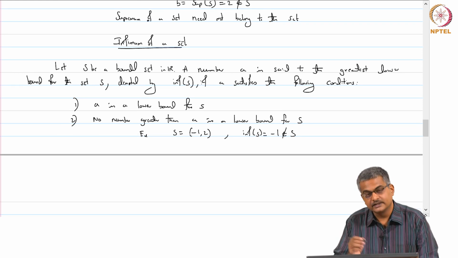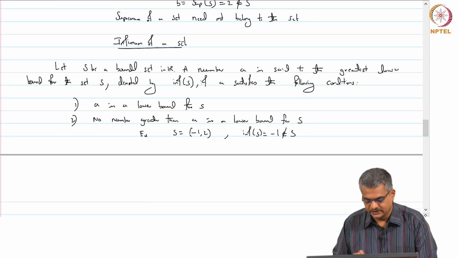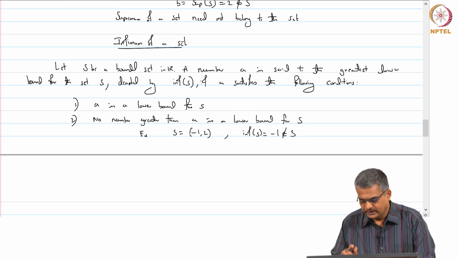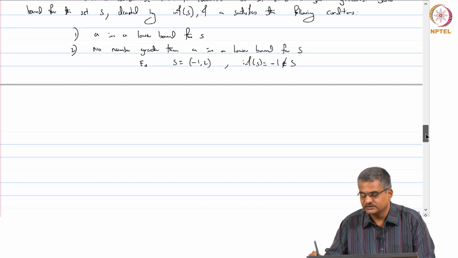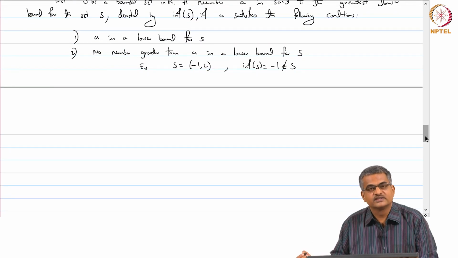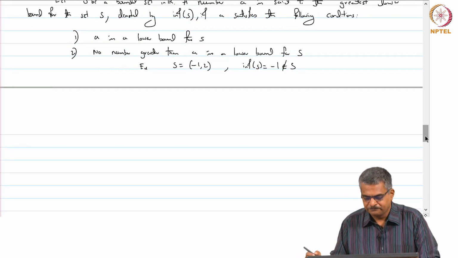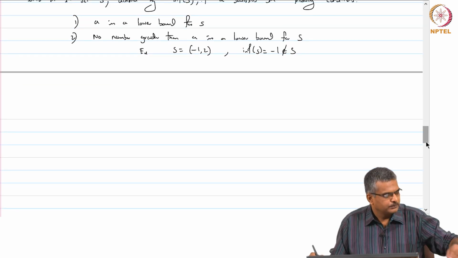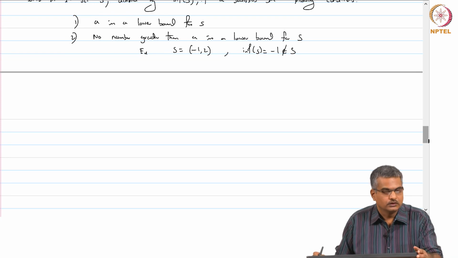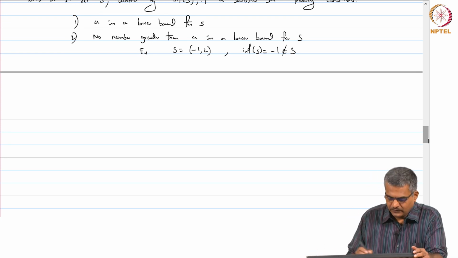There is no number greater than -1 which is a lower bound for the set S. So, again here as I said the number -1 does not belong to set S. So, the infimum of a set need not necessarily belong to the set S, right. So, let us take some more examples to illustrate the notion of supremum and infimum, right.